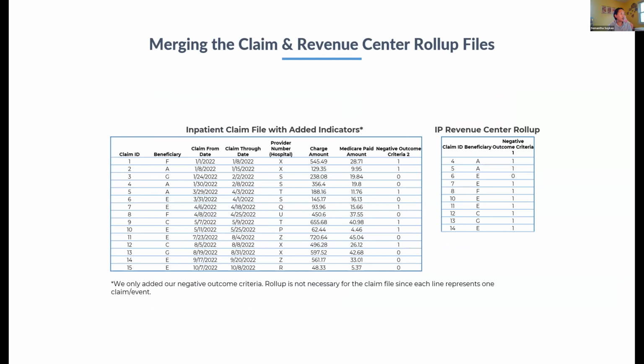Notice that with the inpatient claim file, all we did was add a column to the far right for our negative outcome criteria. We don't have to roll up our inpatient claim file in this instance because we are looking at events/claims. But if you were working with something like beneficiaries or providers, you would need to roll up the claim file as well.